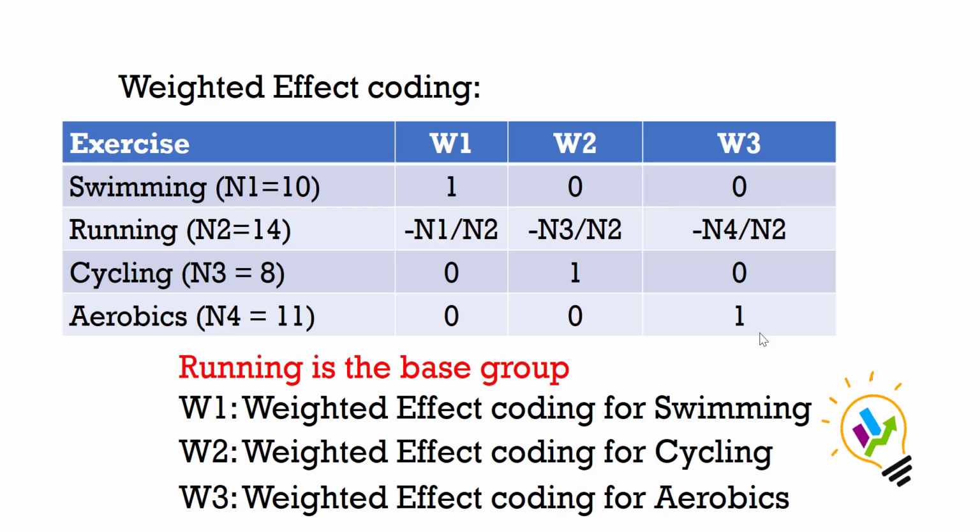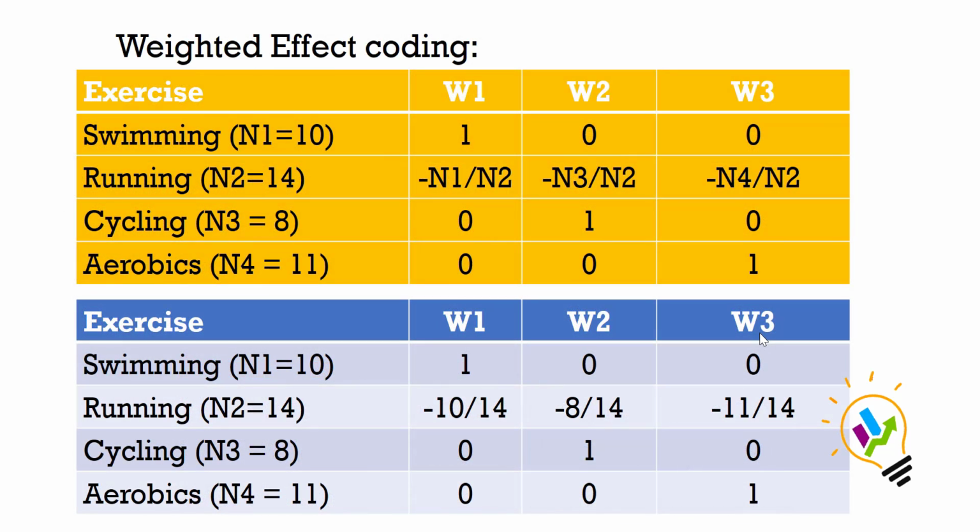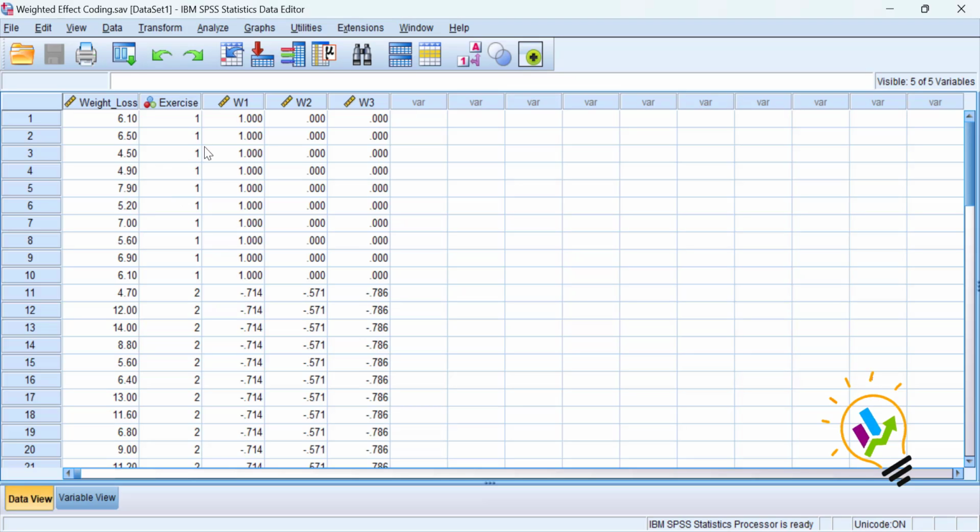So this is important to understand when we are doing effect coding. You can see here I have done the same thing. We have taken effect coding for swimming, running, cycling and aerobics. These values we got. Now we'll go to SPSS and do this coding and do the analysis further. This is the SPSS software.